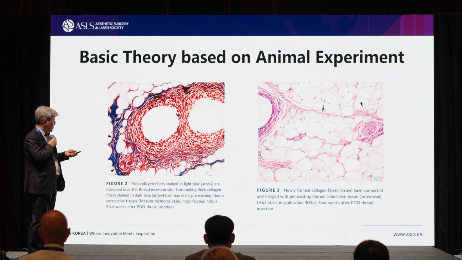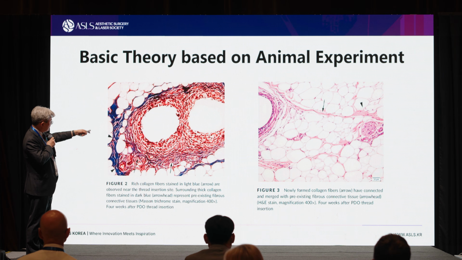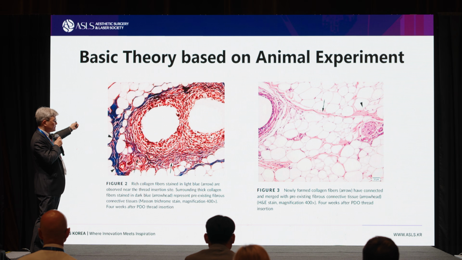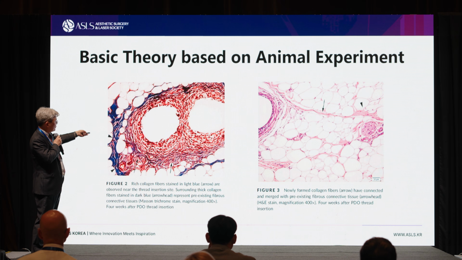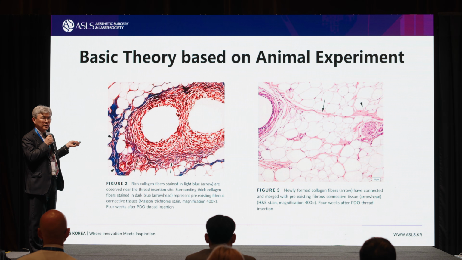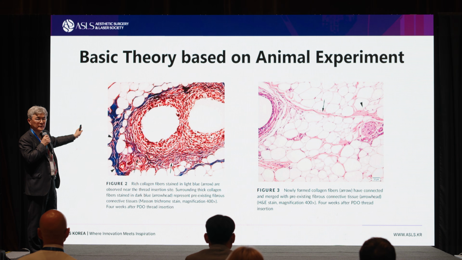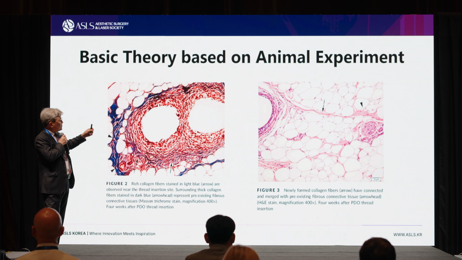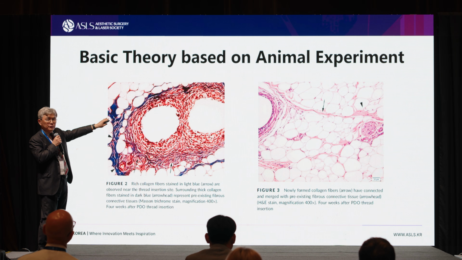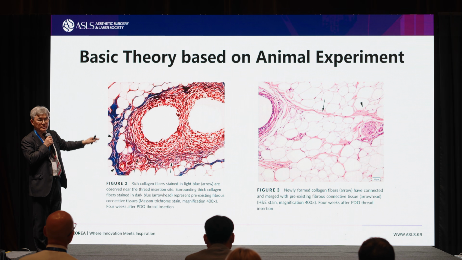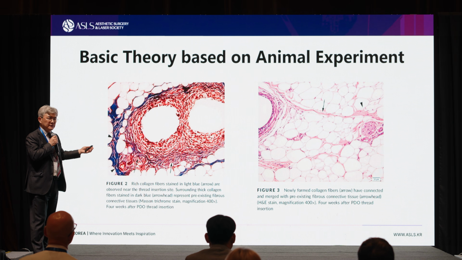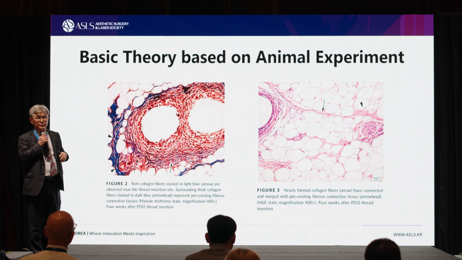The first one is making new collagen fibers. In this Masson trichrome stain, many newly made collagen fibers accumulate around the thread, and also, as you can see, many inflammatory cells accumulate around the thread. And new collagen fiber is merging with the prior existing collagen fiber. That is very important. Later, that merging effect changes to fibrous bridging.